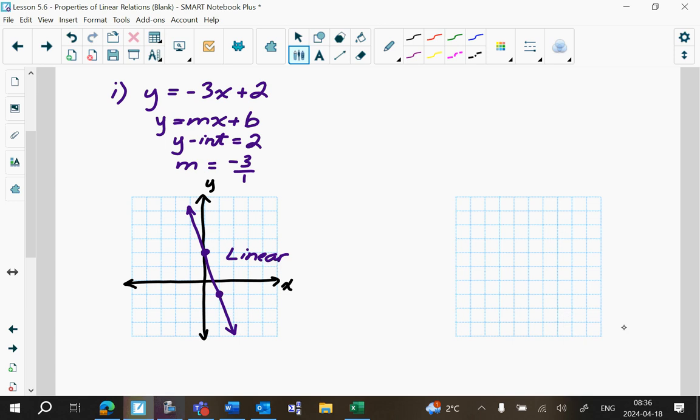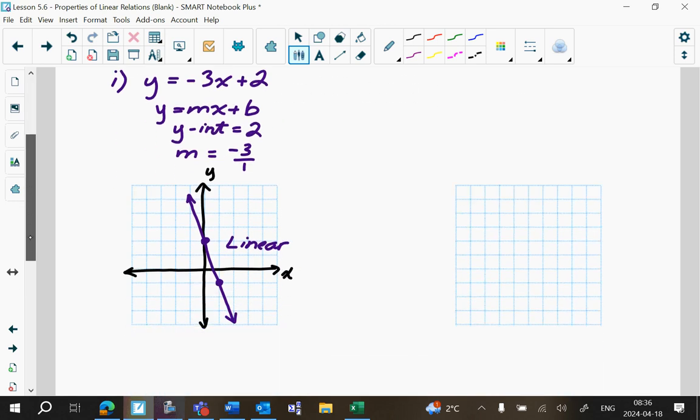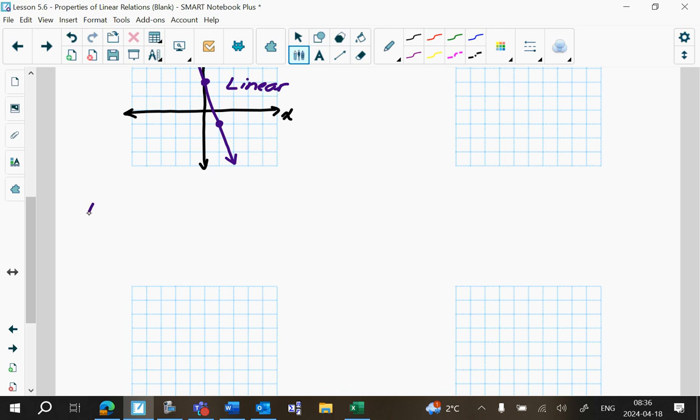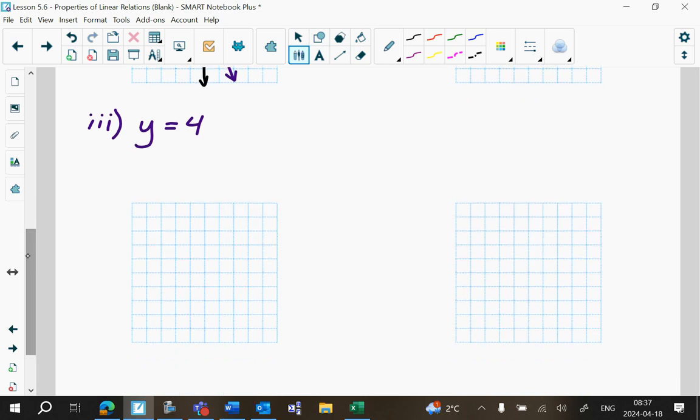So if we look at number 3, y equals 4, how would we graph that one? What's so special with a line that has just y in it? Yes, and somebody said it's horizontal.